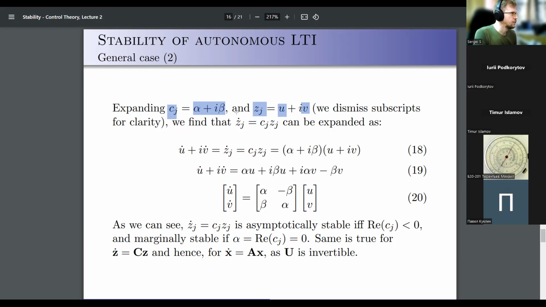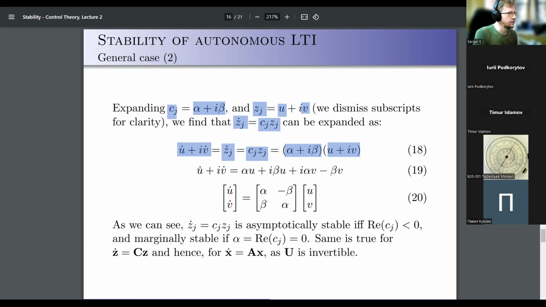Now we can do this multiplication of two complex numbers. And we remember that z dot will be equal to u dot plus i v dot. So u dot plus i v dot, which is z dot, is equal to c times z, which is alpha plus i beta times u plus i v.